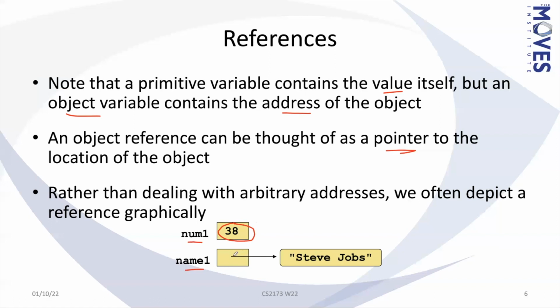But you see this little arrow? The contents of the variable are not these characters, but some number under the hood. We can think of it as an address that points to or refers to a place where these are stored. Okay, so you see the important difference.